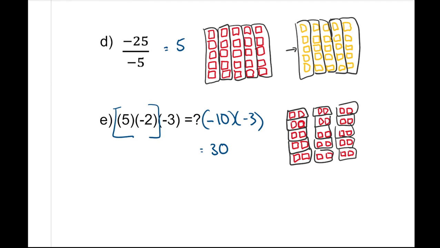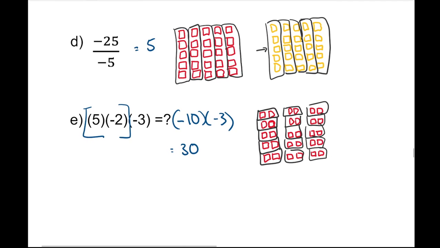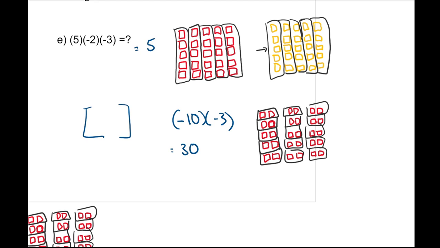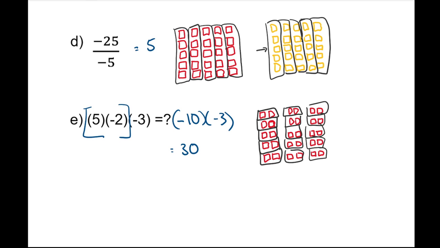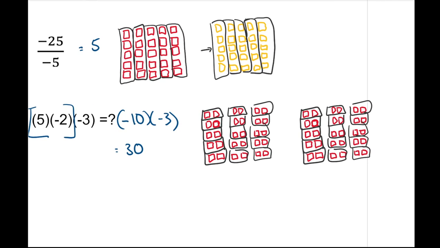But because it is going to be -3 groups and not +3 groups, instead of having -3 groups of 10, what we can do is make these positive.